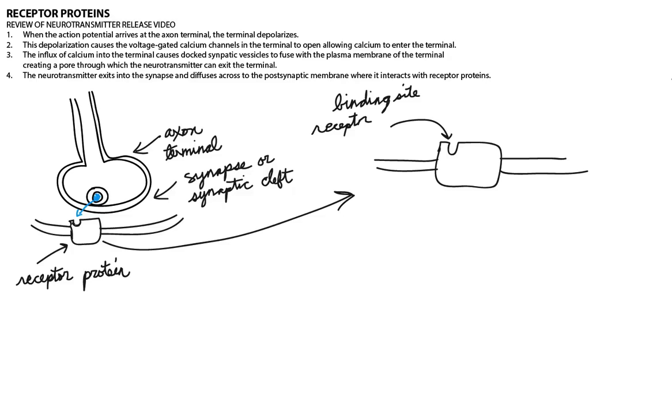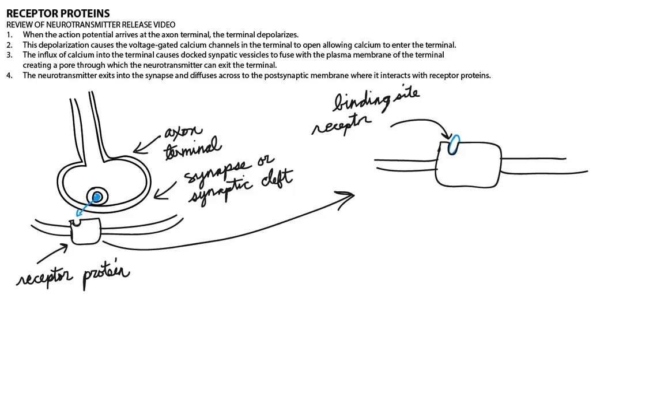What we have then is that neurotransmitter, as it crosses the synaptic cleft, it can fit down inside of the binding site on the receptor protein and cause a change to occur in the receptor protein.